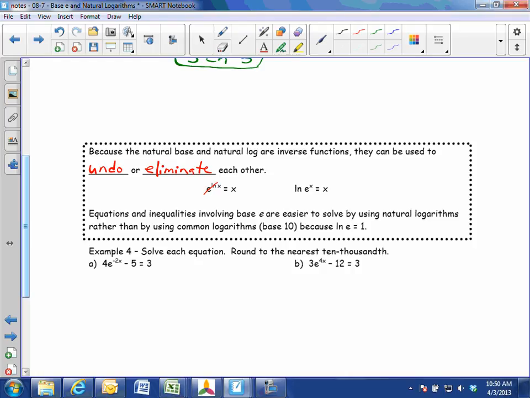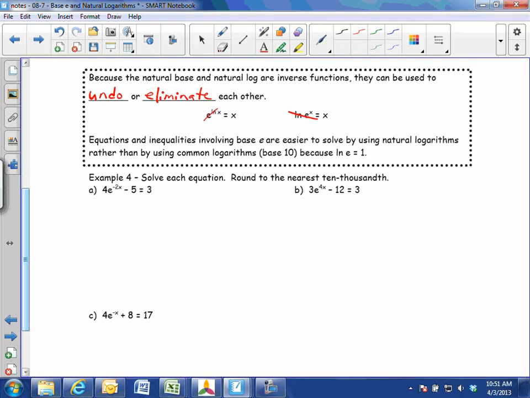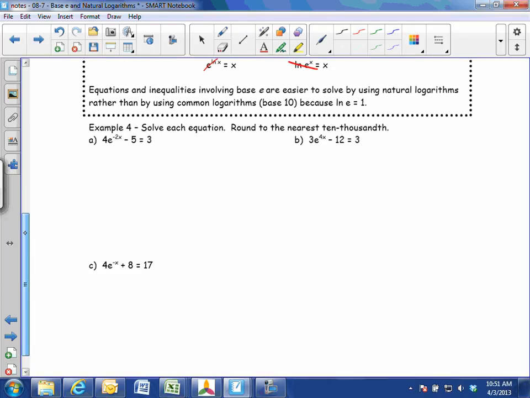Over here, natural log and e again cancel each other out, so I'm just left with x. It's like multiplying by 5 and dividing by 5. It doesn't change my number. They cancel each other out. So it's both just equal. Yep. And so equations and inequalities involving base e are easier to solve by using natural logarithms rather than using the common logs, meaning the logs of base 10, because the natural log of e is equal to 1. That's why they cancel each other out.